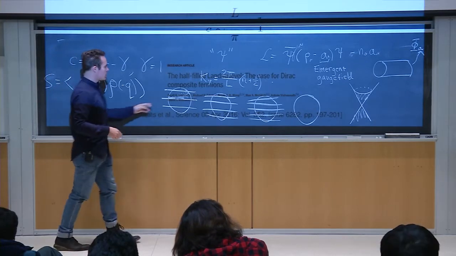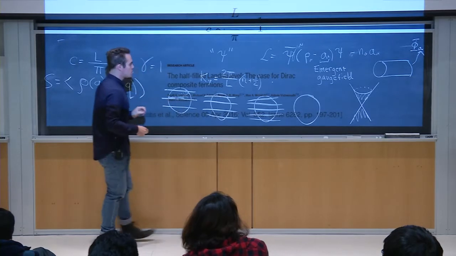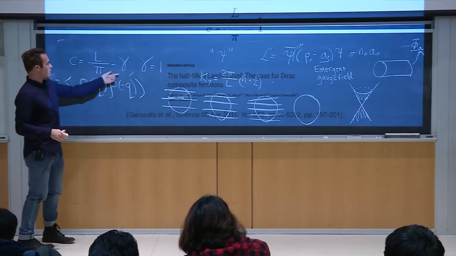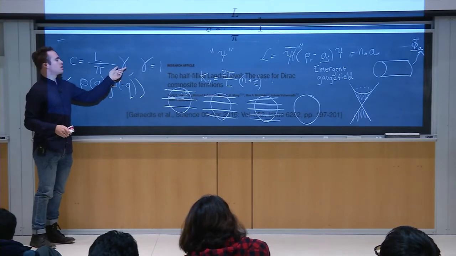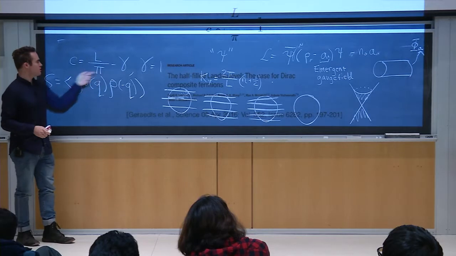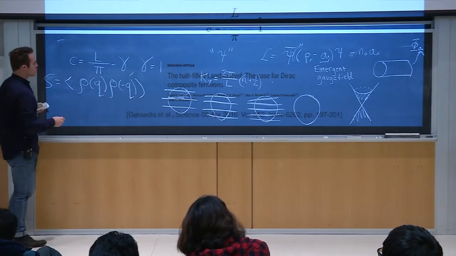Okay, so this has explained how you're able to see both odd and even central charge with this dynamical boundary condition. I also want to say where this factor gamma comes from. It's a little bit like, I don't want to say topological entanglement entropy here. It's a shift in the coefficient of the central charge.